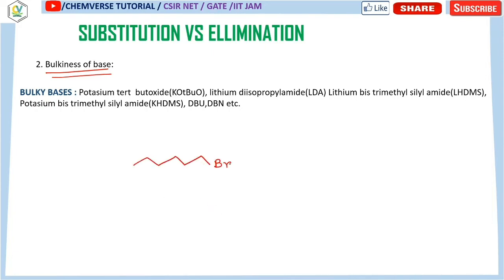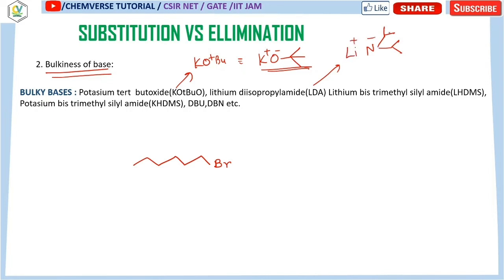Okay, this is a common substrate where this bromine can act as a leaving group. Now a bulky base could be potassium tertiary butoxide. The structure of potassium tertiary butoxide is something like this, K plus O minus. Over here it is a bulky group. Then lithium diisopropylamide, which has a structure like this, two isopropyl groups attached over here, and lithium.